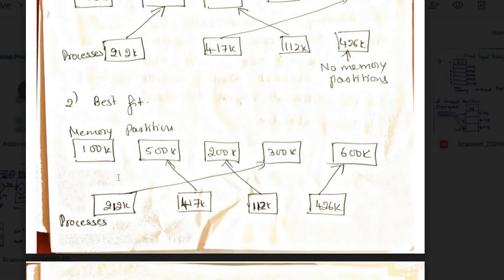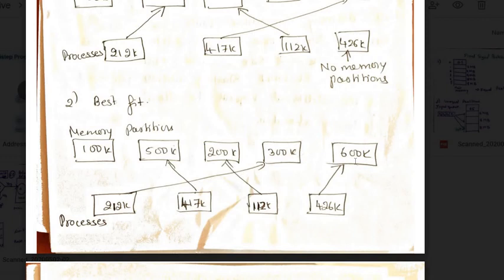When I say 212, search for the smallest hole that is able to satisfy this request. Can I satisfy it with 100? No. 500 could satisfy it, but I will search for the nearest partition so that when you allocate it, the leftover memory space will be very little. So 500 is one option. 200, no.